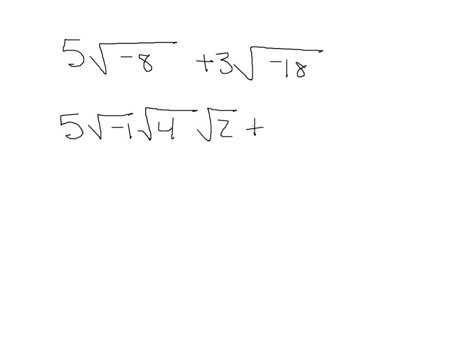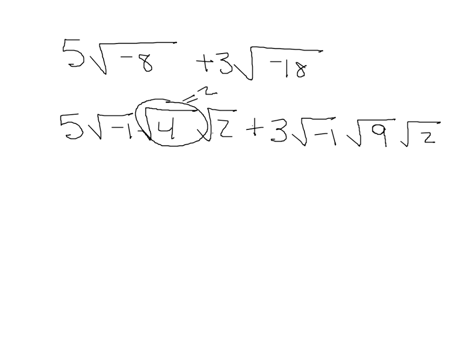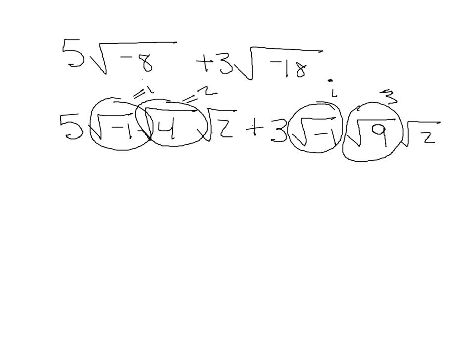And then for the 3, I get 3 times the square root of -1 times the square root of 9 times the square root of 2, since 18 is 9 times 2. So the square root of 4 is 2, the square root of -1 is i, the square root of -1 is i, and the square root of 9 is 3.